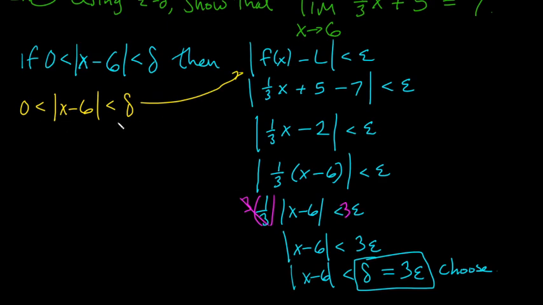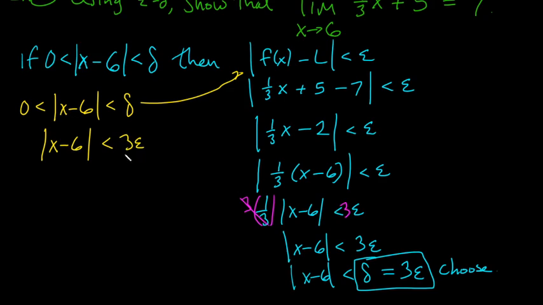Our choice, by this calculation, wasn't so much a choice. It was dictated by this calculation here that we got delta to be 3 times epsilon. But we could choose it to be something less than that as well. So x minus 6 in absolute value will be less than 3 times epsilon.